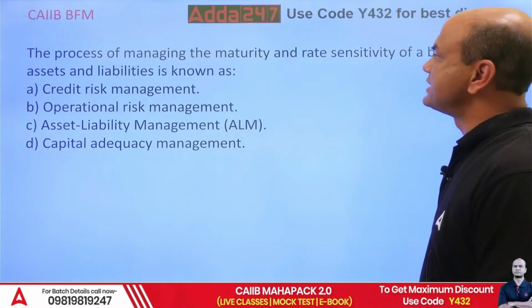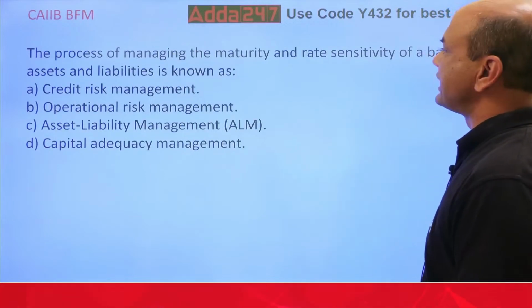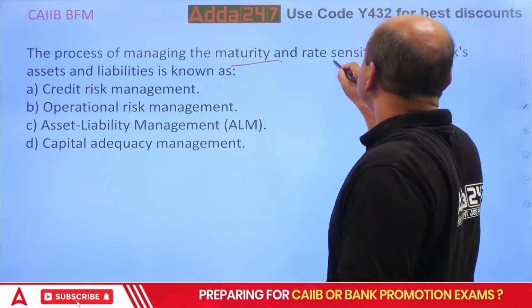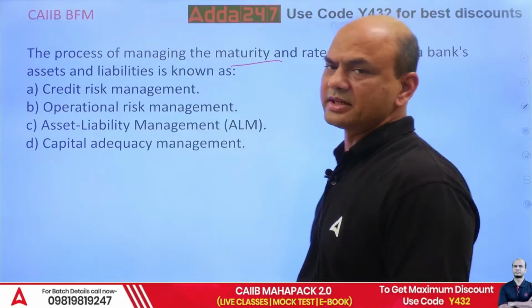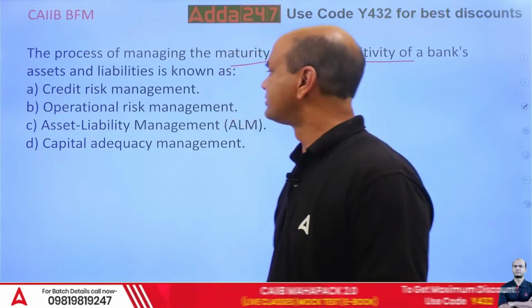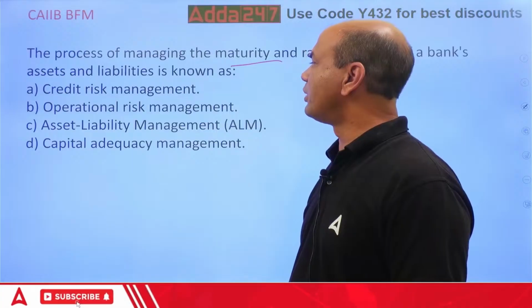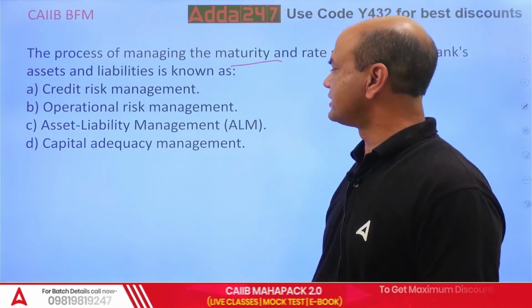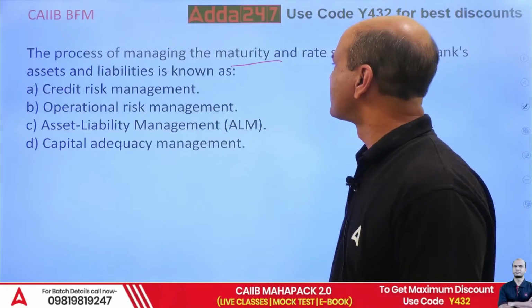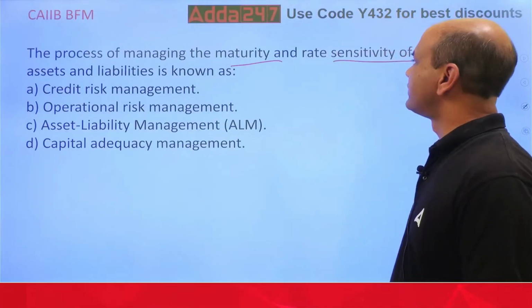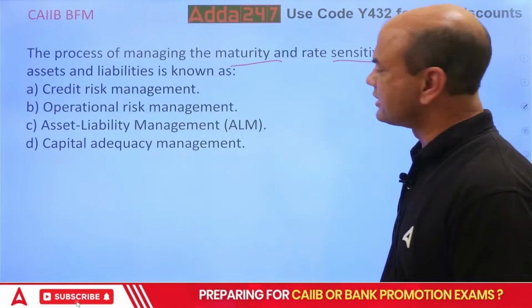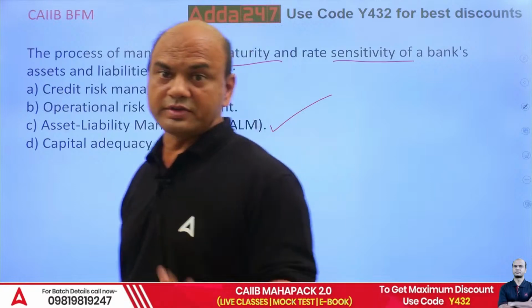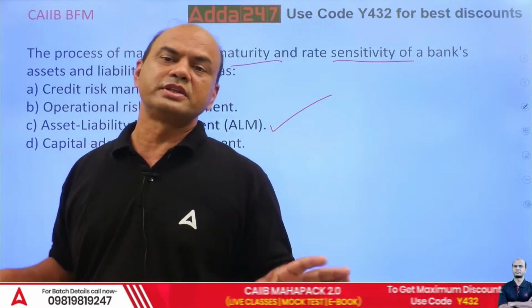The process of managing maturity and rate sensitivity of banks' assets and liabilities is known as: credit risk management, operational risk management, ALM, asset liability management, or capital adequacy management. Under ALM, you have to manage only two things. Always remember, RBI also focuses on these two things.